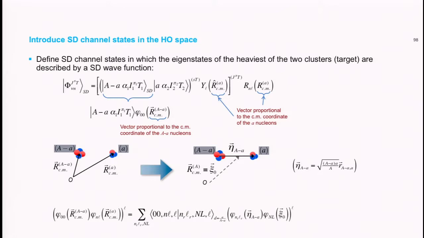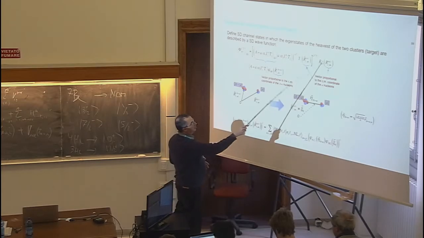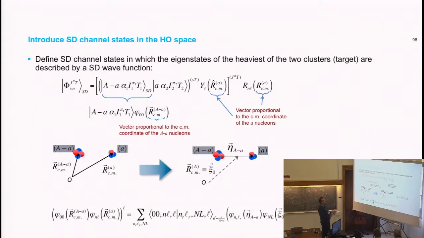When I have my cluster states, where I have this target and projectile coupled to channel spin, coupled with the relative orbital motion to a total J, and then the relative radial wave function, which I also expand in harmonic oscillators but only for the parts which are localized, then I can calculate this target wave function, the heavier one, using the Slater determinant expansion.